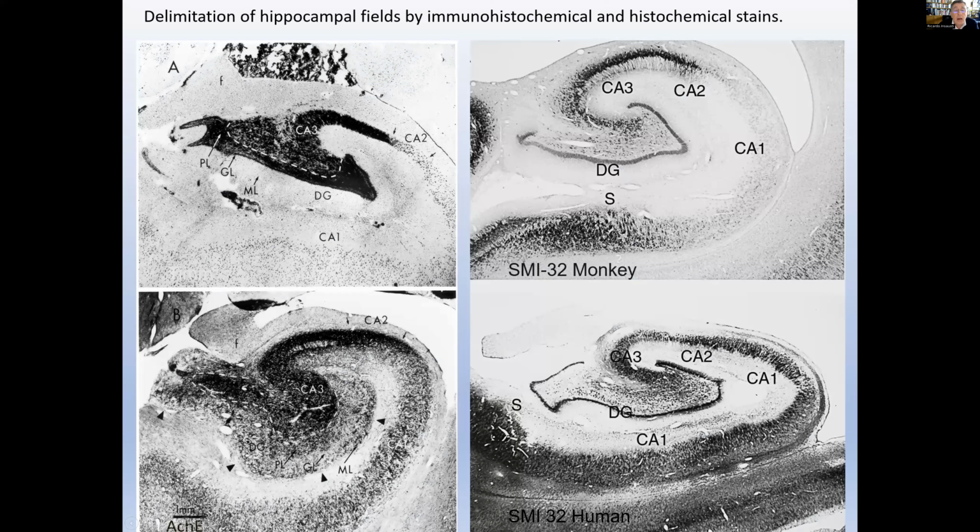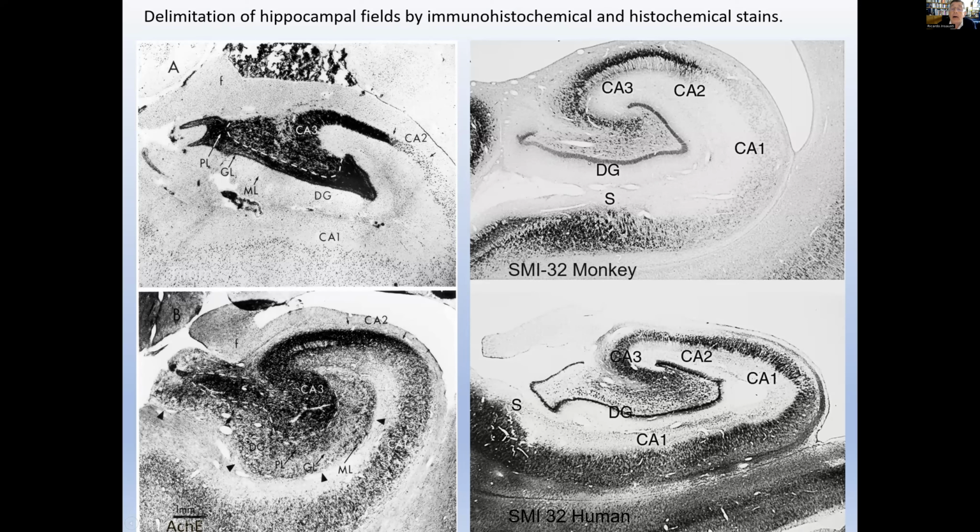And then how to separate what is and what is not CA2. This is also an old photograph. This is a Timm stain. You can see how the mossy fibers are stained by the presence of zinc. It's a very useful indication of the extent of the mossy fibers, and then where it stops, and then what we consider is CA2.